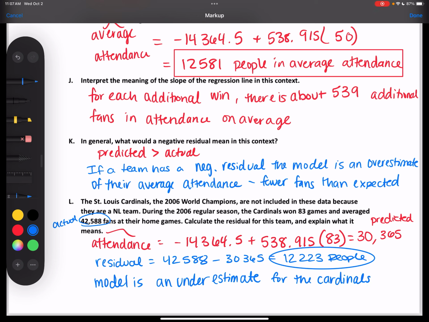About 12,223 more people came than expected. And that's it.